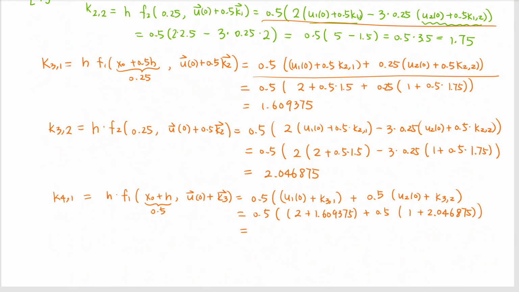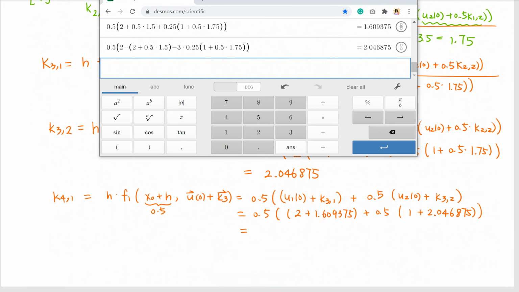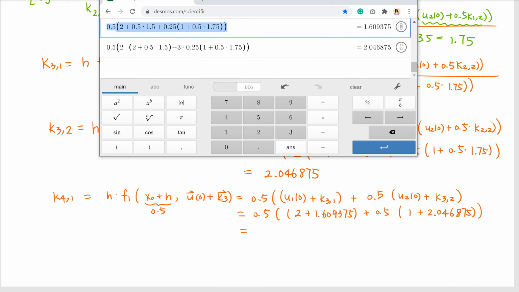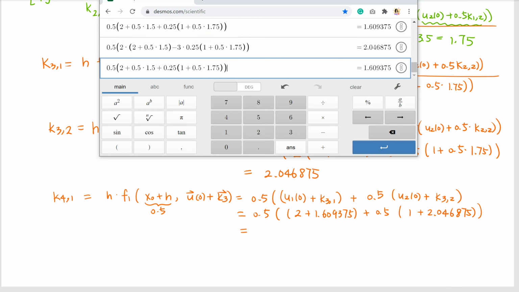Calculator. So we have, let me copy this down here. Let's see, 1.6. So we replace this number by that number, and this is 0.5.